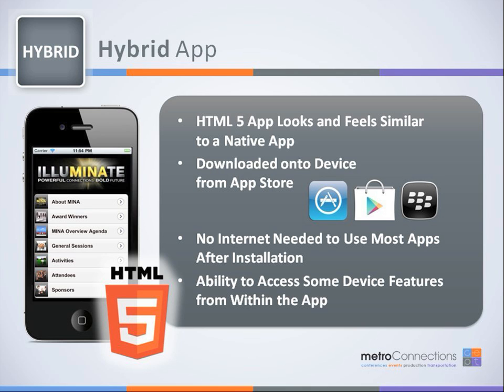The file size and download time. So this is opposite, and that is that the Web Basic uses up very little of your memory on your phone. It's very small, very fast. The Web Enhanced is also very small and fast, just with some added technology of the offline modes. The Hybrid is moderate. Again, if I click on something that I haven't clicked on before and it's content related, it's going to need to go get that from the server. And then large and slow for the Native, meaning that the initial download time can be really large depending on how big the graphics are.